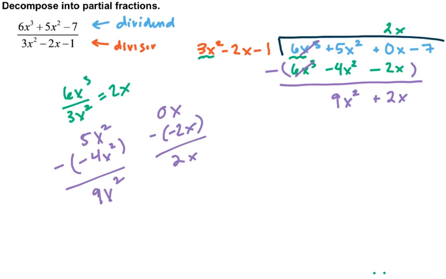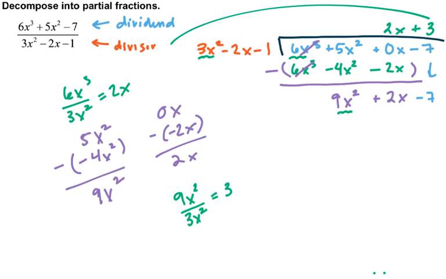All right? So make sure you're doing that subtraction, and then you bring your last term down. We're going to do that again. So I have 9x squared, and I want to know how many times 3x squared goes into that. And if I do that division, I get 3. So I write 3 up in my quotient.